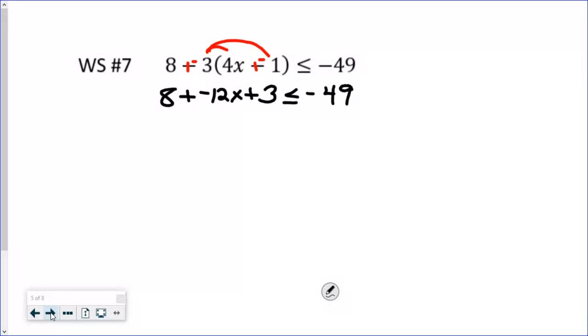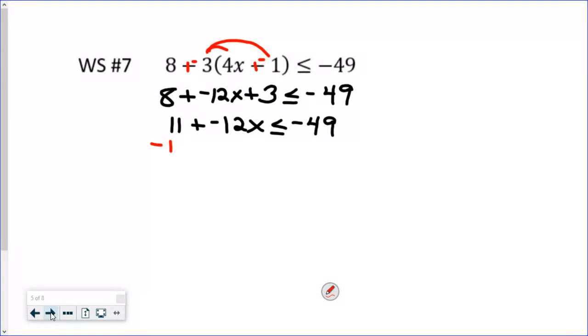And then I just copy the rest down. Okay, now combining like terms, 8 and 3 gives me 11 plus a negative 12x is less than or equal to negative 49. Okie dokie, so far so good.